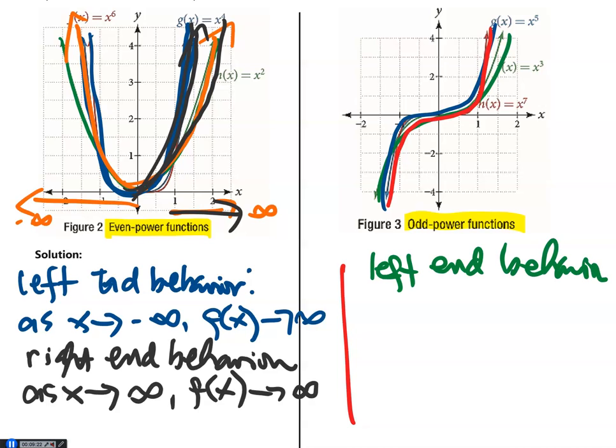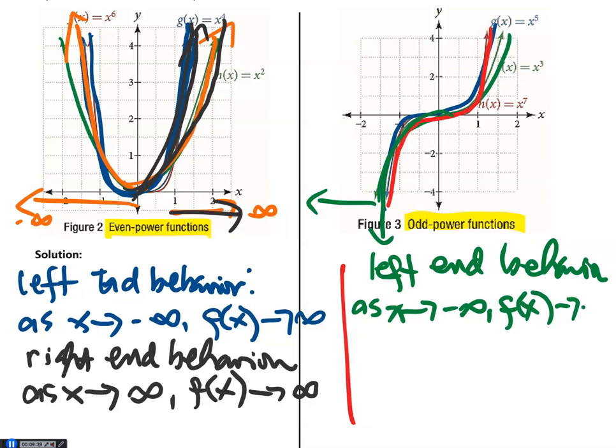for odd power functions. So as x approaches negative infinity, f of x approaches, if you follow this graph, negative infinity.